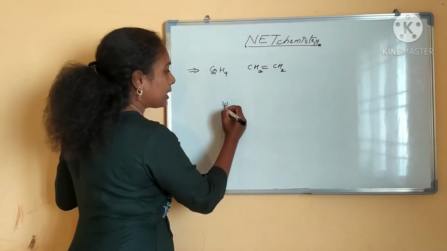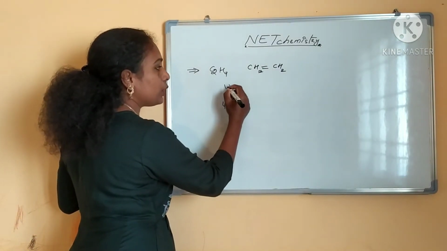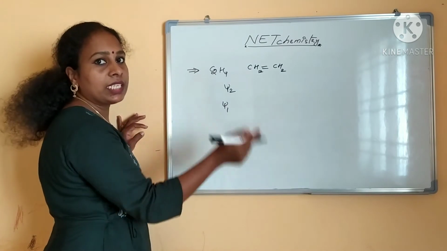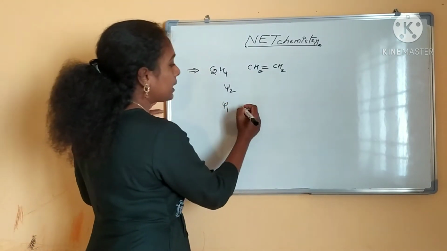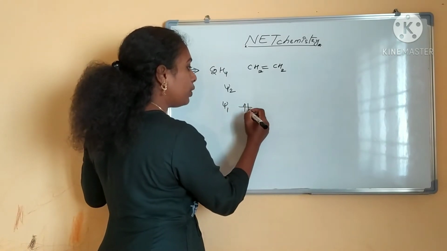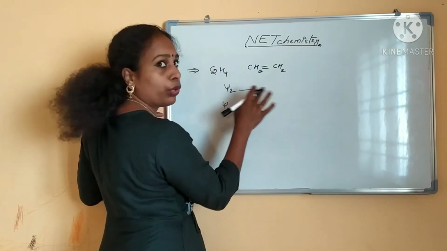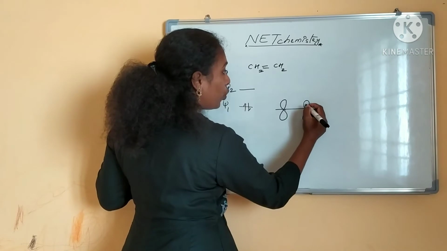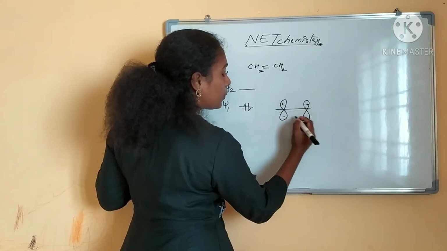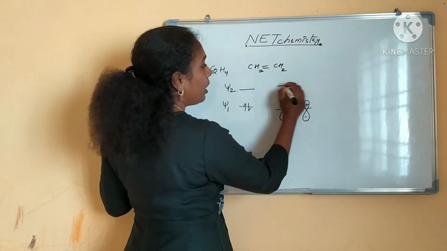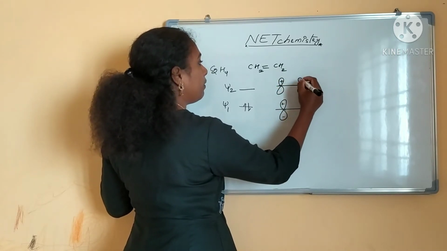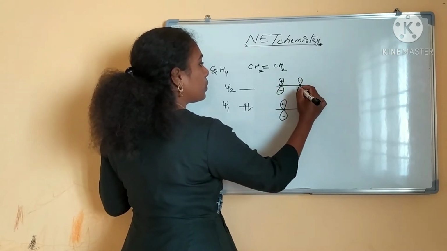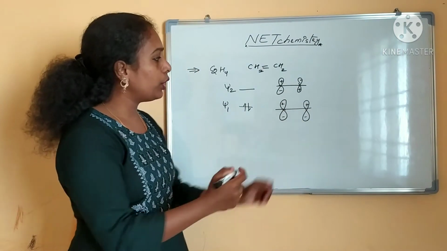So Psi1 and Psi2 are the molecular orbitals of C2H4, which we have seen while studying pericyclic reactions, right? In the ground state, Psi1 has 2 electrons, Psi2 has no electrons, right? In the molecular orbital, bonding has both positive lobes together, and here it is pi star, then positive, negative, right? This is the bonding and anti-bonding condition.